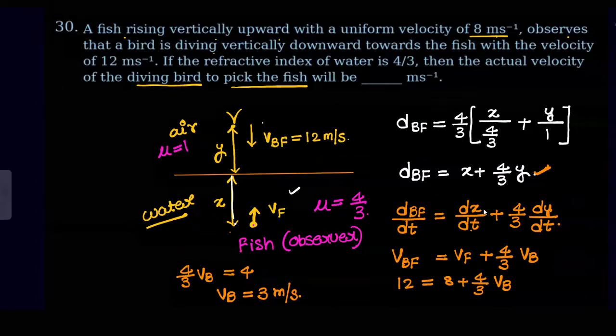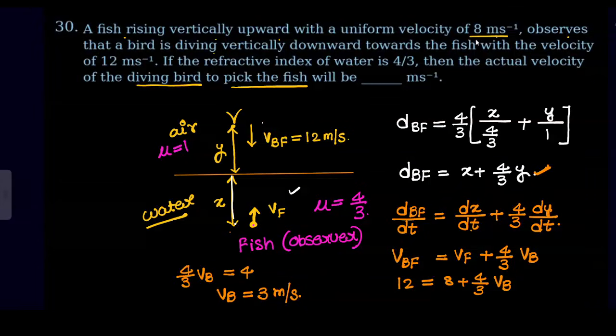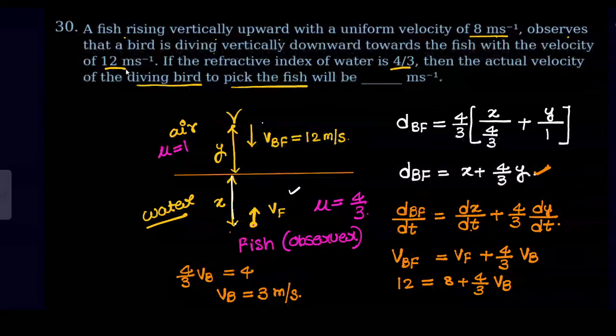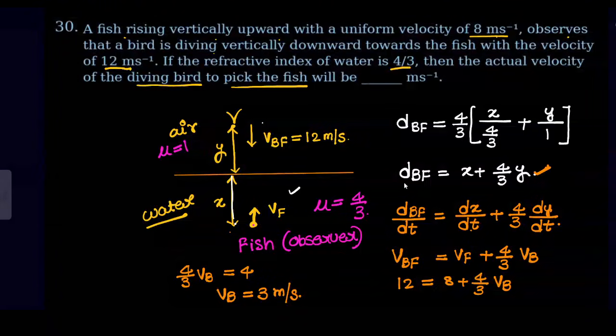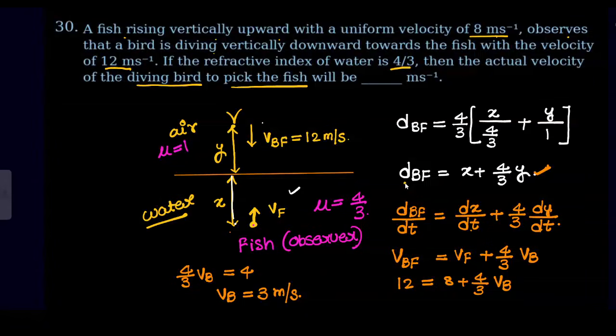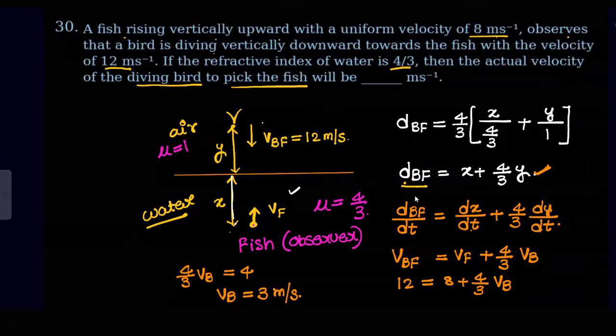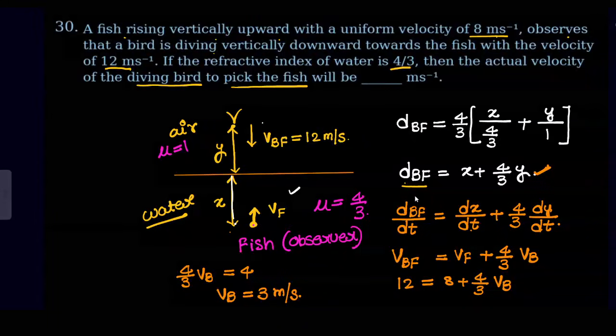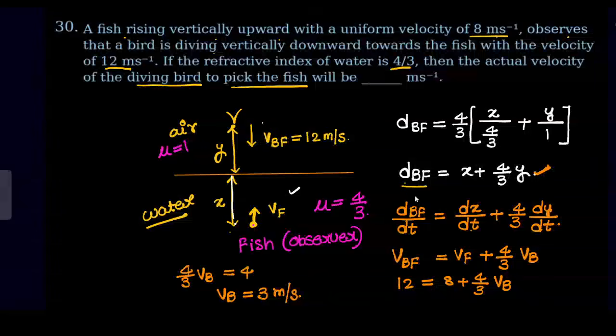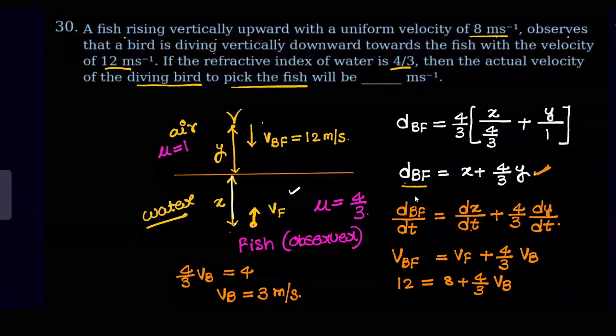If I differentiate distance, I will get velocity. The problem is completely in terms of velocities. This is the apparent depth we have differentiated, so we get the apparent velocity of the bird with respect to fish. Yes, sir, understood.